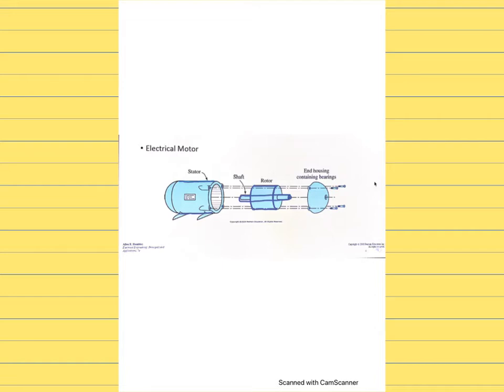Okay, and the shaft or the rotor, using the bearings, is placed inside the stator or the frame so that it can rotate properly without having all its parts flown away. So the rotor, armature, is the rotating part of the machine, and the stator is the stationary part of the machine.